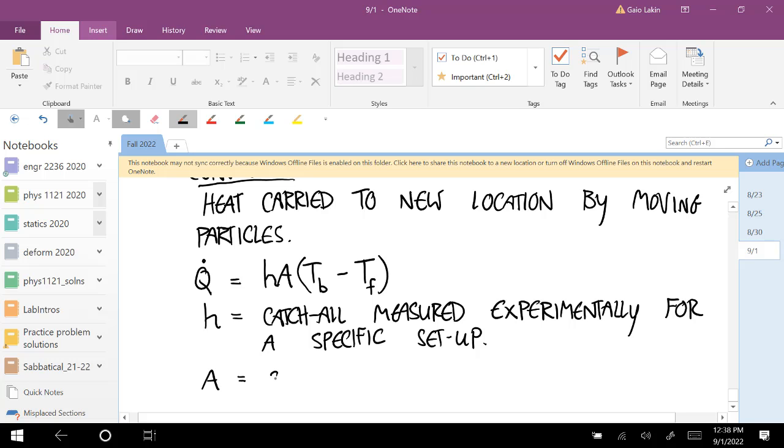A is the surface area of the body that's exposed to the fluid.